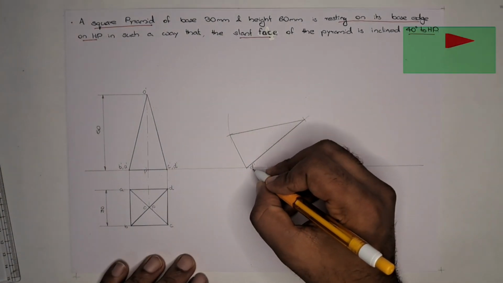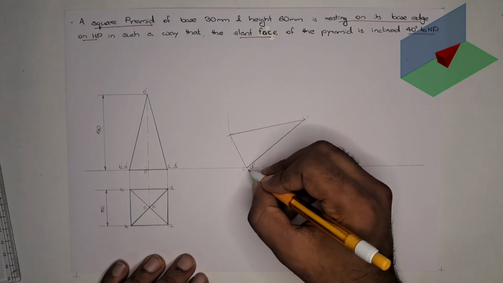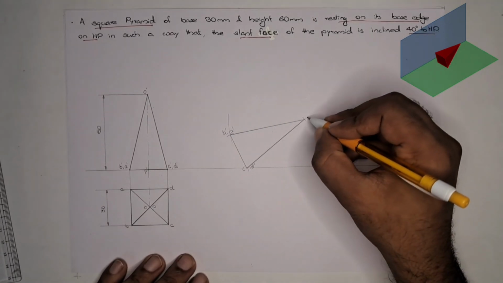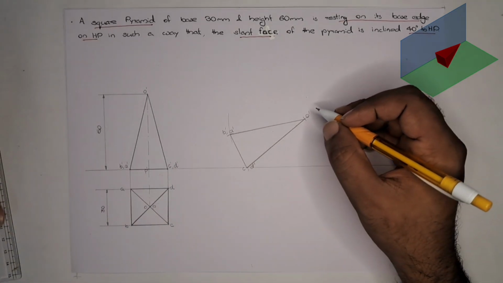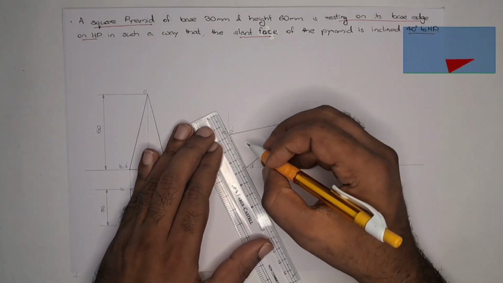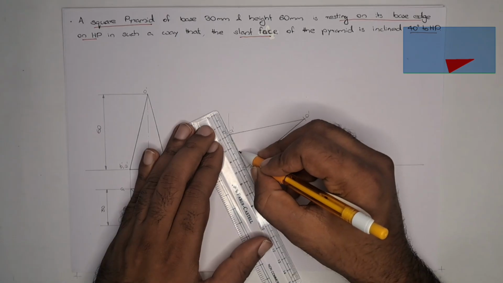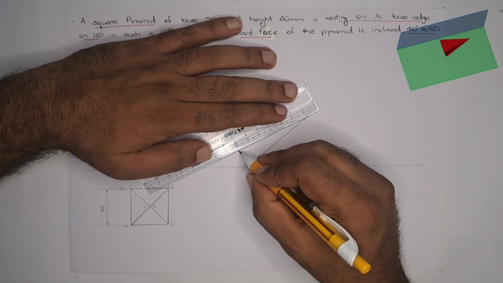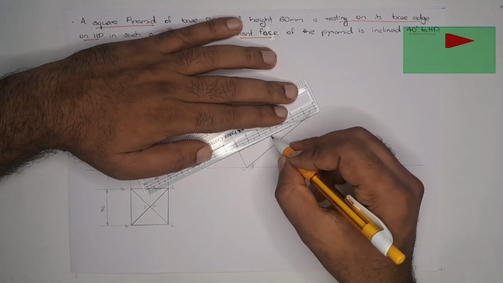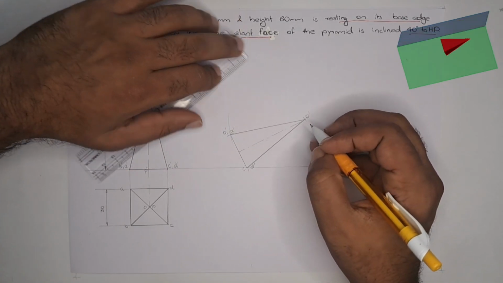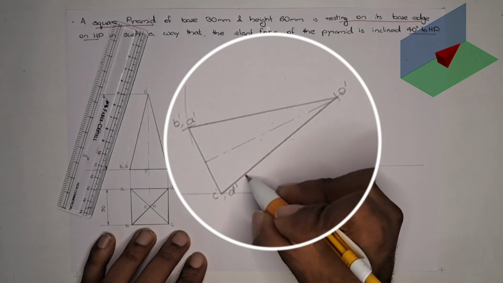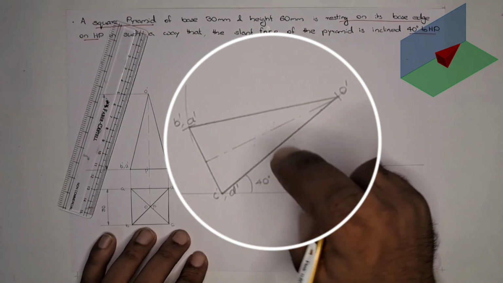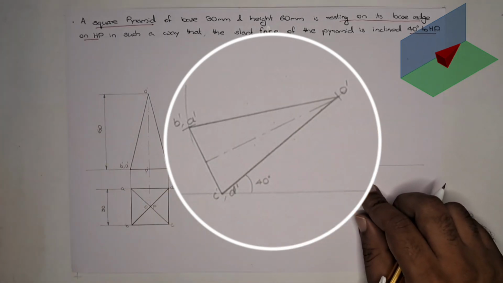So here C dash, D dash, here B dash, A dash, here it's O dash, and we can plot the distance of the axis also. So here it's 40 degree. It's very important to note that it's not the axis angle, it's a slant face angle that is given here.